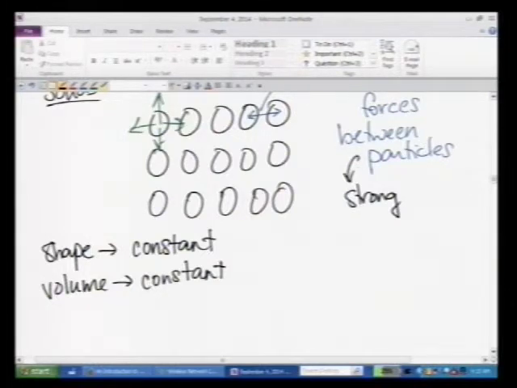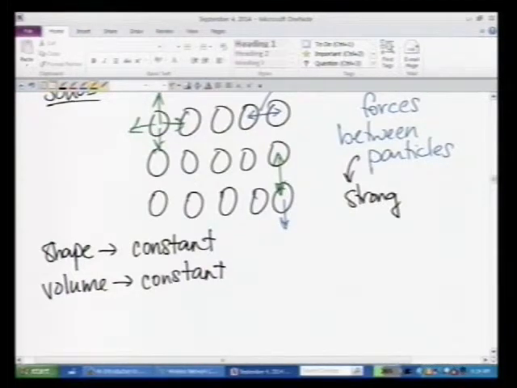They are so strong that the movement of the particles can't overcome that attractive force. So say this particular particle is moving down, it wants to go down. It has kinetic energy, but it cannot overcome the attractive force between it and its neighboring particles, which gives you the properties of constant shape and volume.